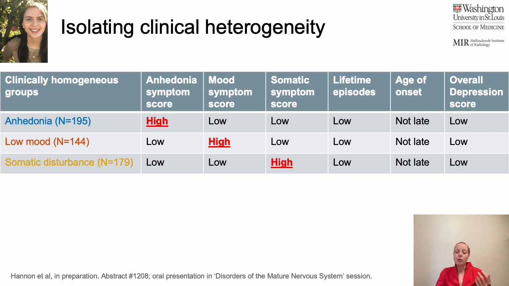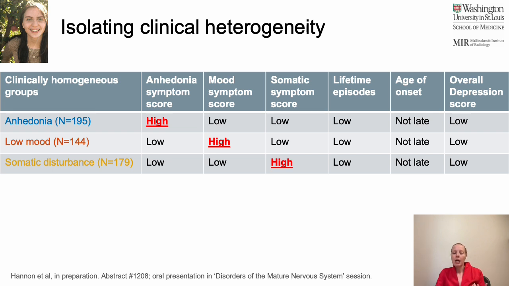And I should say that this is uniquely possible because of the data set that we had in the UK Biobank data. Because usually, most individuals will suffer from a mixture of these symptoms. In fact, if you look at the full data set, these symptom scores are really highly correlated. So you can see that out of a much larger group of individuals with depression, these groups are relatively small, but big enough to look at.